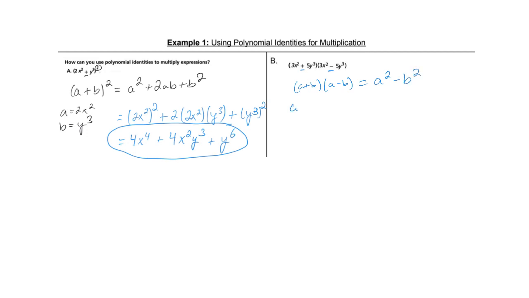Okay, so our a is 3x squared, b is equal to 5y cubed. So 3x squared squared minus 5y cubed squared. And 3 squared is 9, x to the 4th, minus 5 squared is 25, y to the 6th.